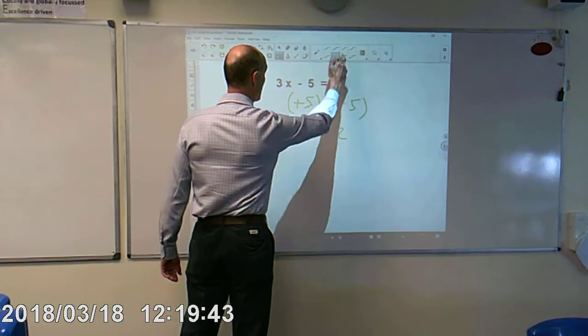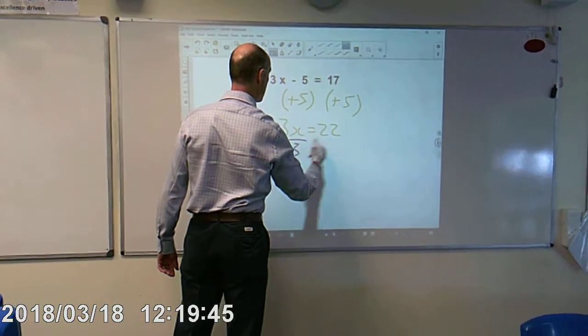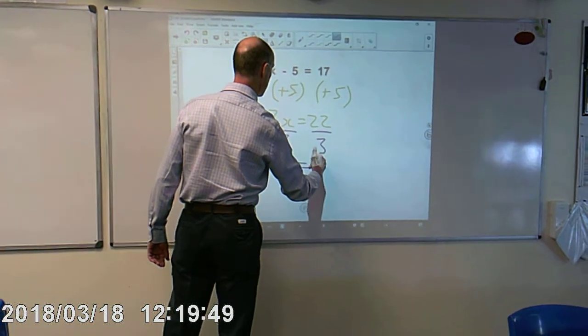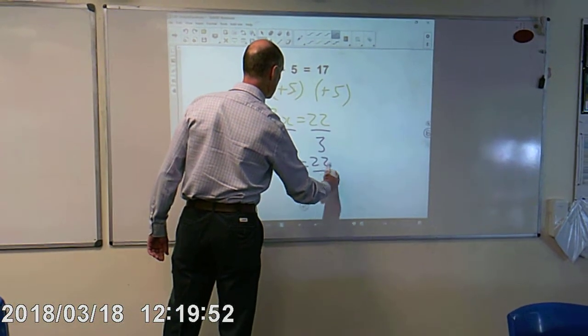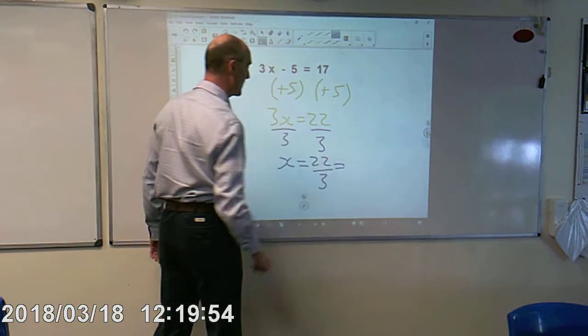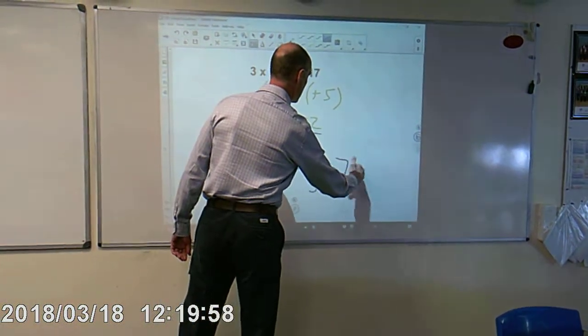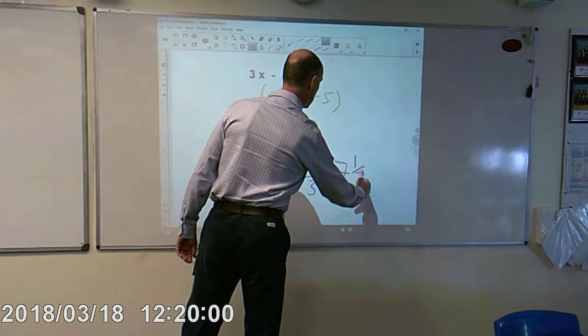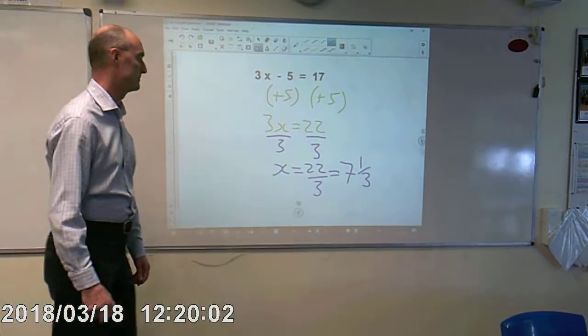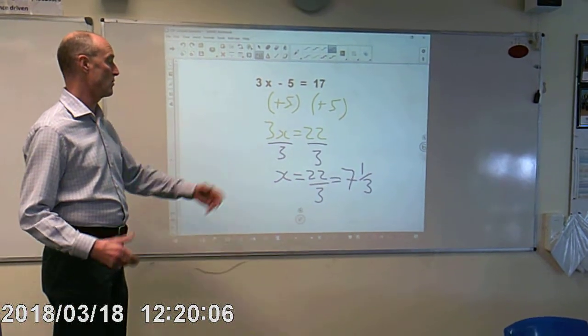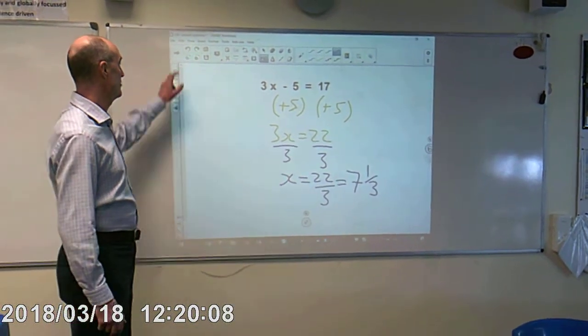We divide both sides by 3. x equals 22 divided by 3, top heavy fraction, 7 and 1/3. That's a mixed number. No one has said we've got to have a whole number value for x or a variable.